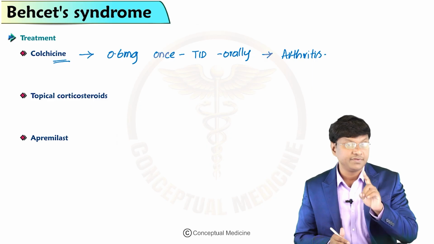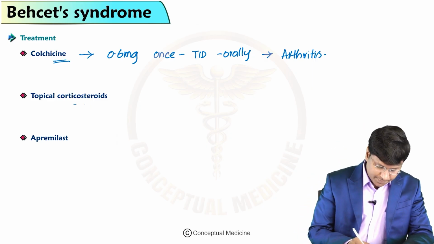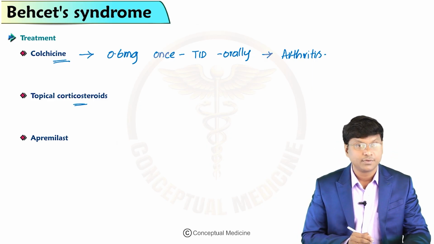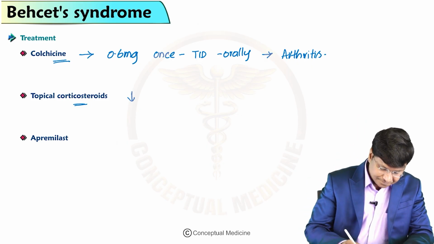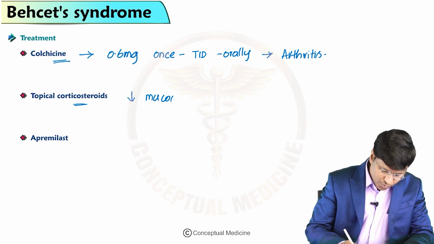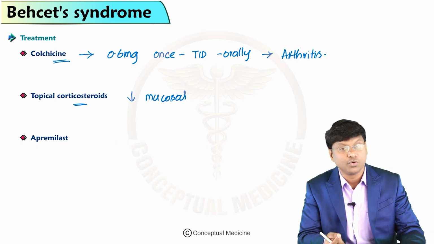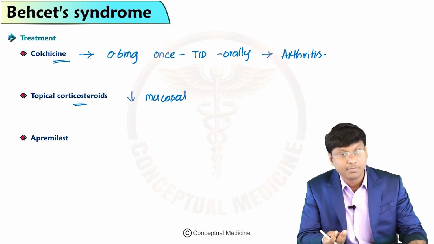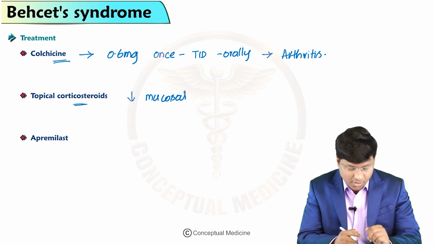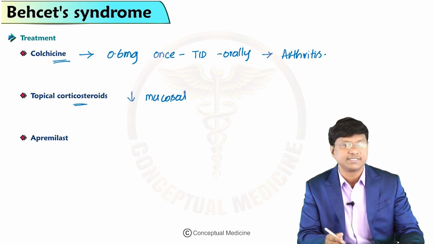Another very important drug is topical corticosteroid. Topical corticosteroids will reduce mucosal findings, like oral ulcers, genital ulcers, erythema nodosum, and acneiform eruptions. All that can be reduced by topical steroids.